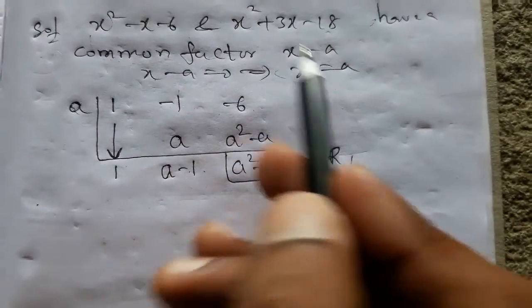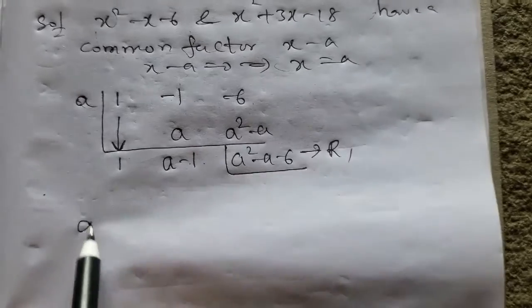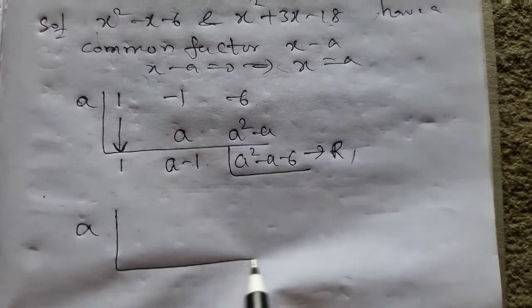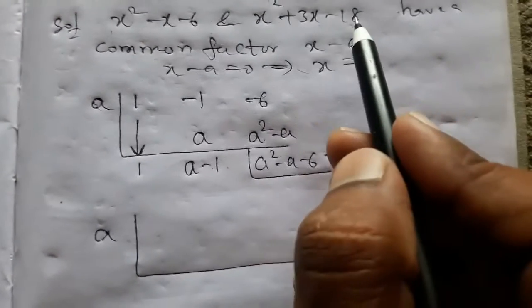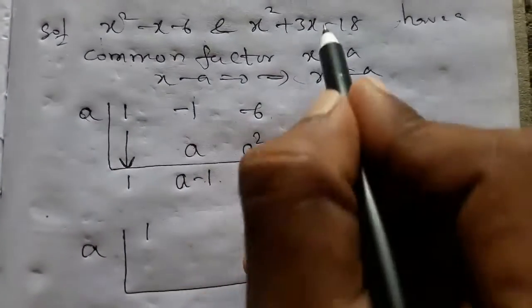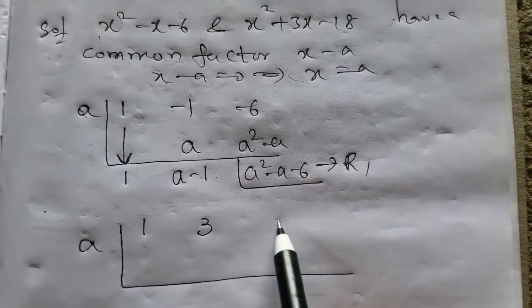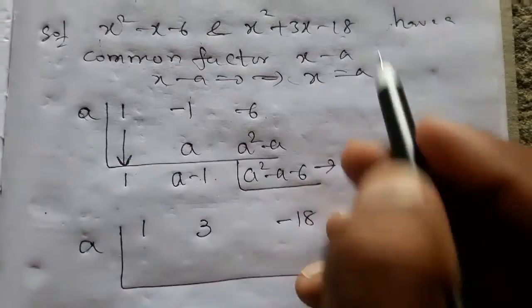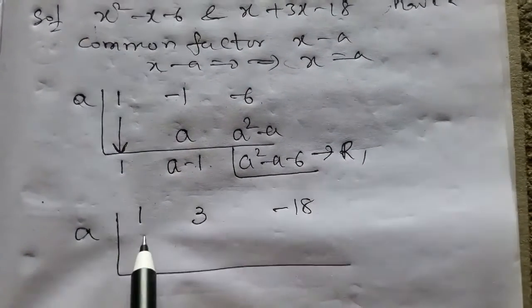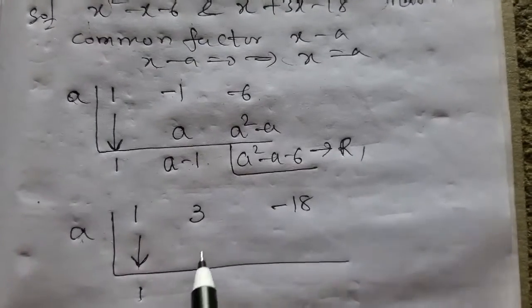Now by using this x is equals to a, find the second polynomial. Which division is this? Synthetic division, remember, don't forget. X square coefficient is 1, x coefficient is 3, and constant term is minus 18. Now bring this 1 down as it is. 1 into a became a.